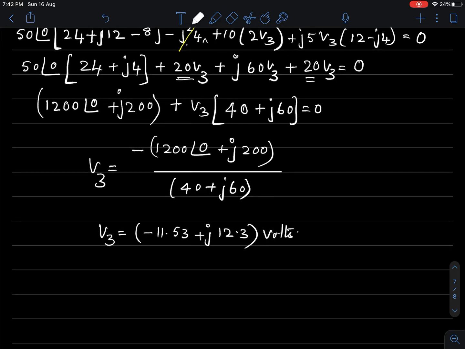It's preferable to keep the voltage magnitudes in polar form. So we will convert this into polar form, and this can also be written as 16.87 at an angle 133.15 volt. This is my V3.